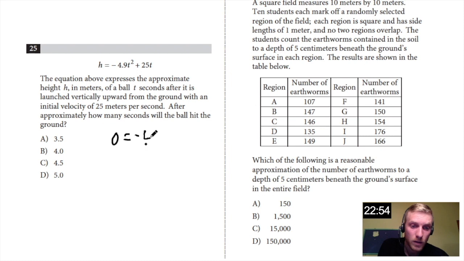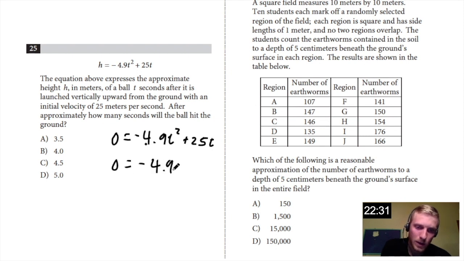So that equals negative 4.9 t squared plus 25t. Let's divide both sides by t. 0 divided by t is just going to be 0 still, so we can say 0 is equal to minus 4.9 t squared divided by t is t, plus just 25.